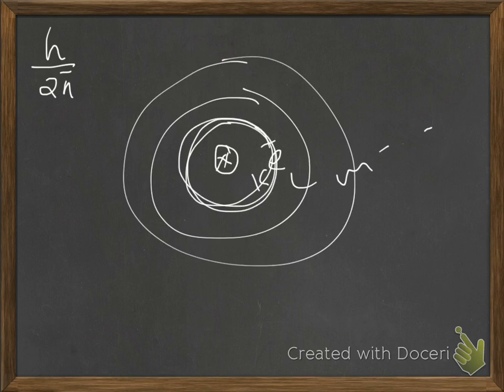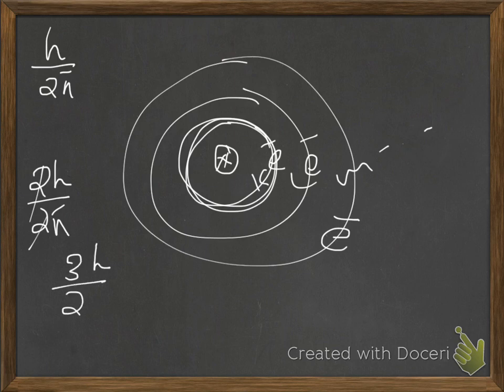which implies that electron should move through the first orbit. If an electron is moving through second orbit, it should have angular momentum of 2h by 2 pi, that means h by pi. If an electron is ready to move through third orbit or M shell, there will be an angular momentum of 3h by 2 pi. So simply we can say that from the angular momentum of an electron, it is possible to identify the orbit through which it actually revolves around the nucleus.